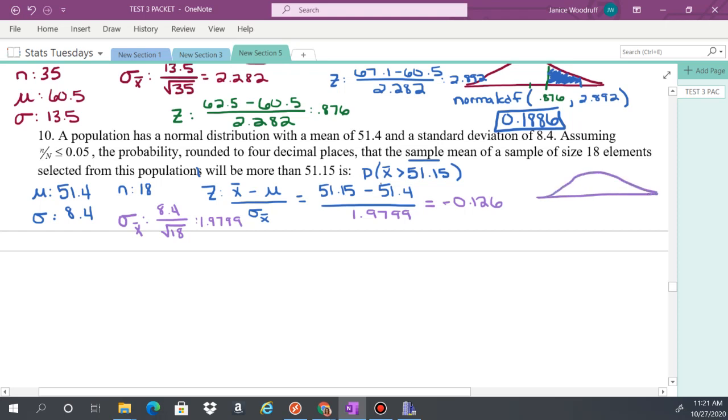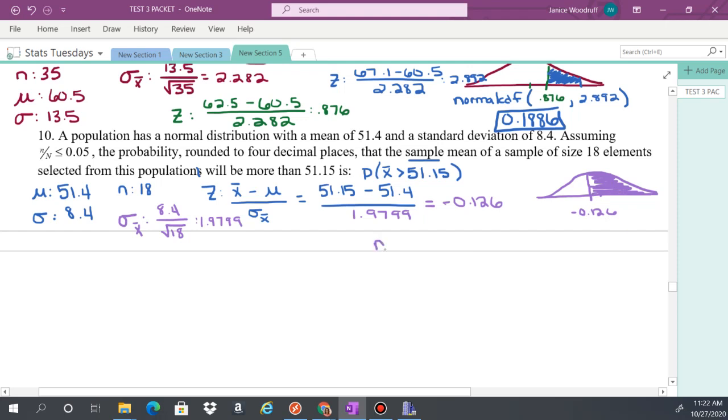And the probability is greater than, so we're going to go to the right here. So here's 0, negative 0.126 is very close to 0, probably closer than I drew it. And we're going to the right. So we're shading to the right, which means our lower limit will be negative 0.126, and our upper limit will be positive 99.